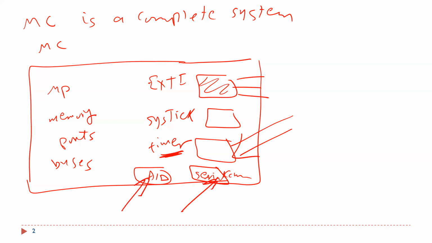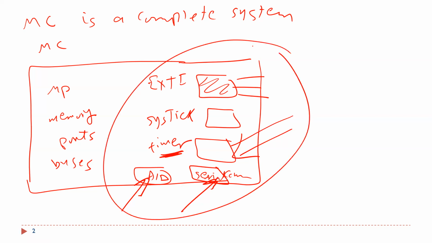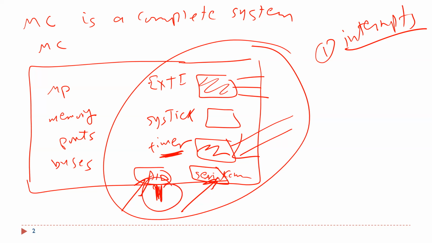The good thing is that to program these systems, all we need is similar to what we did before. Number one, most of them need interrupts, okay? I already explained interrupts, and as you will see in the timer, the way you do interrupts is similar to what we did before. Also, some of them, or maybe most of them, need external pins.